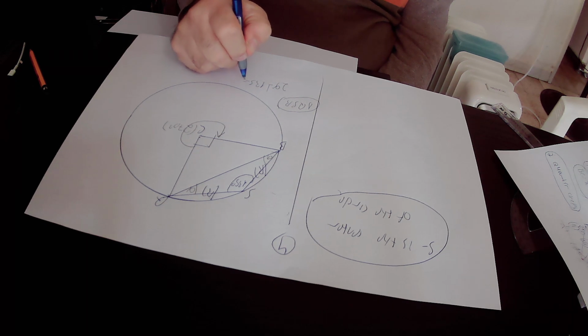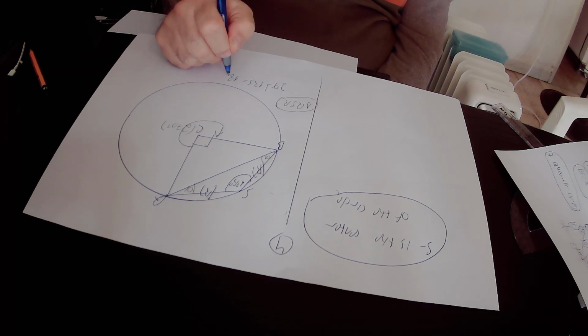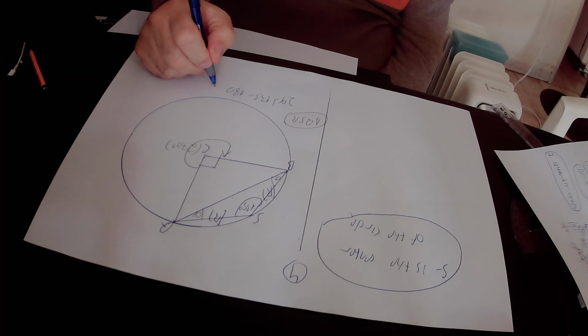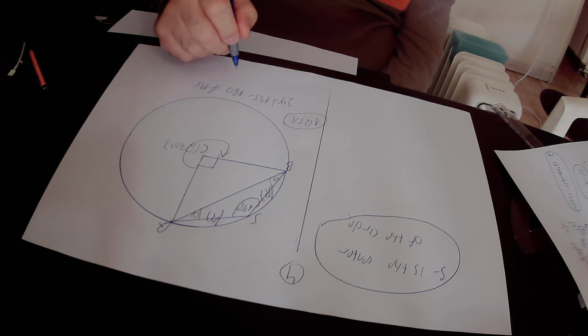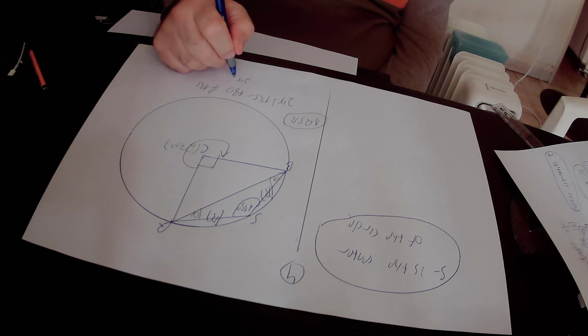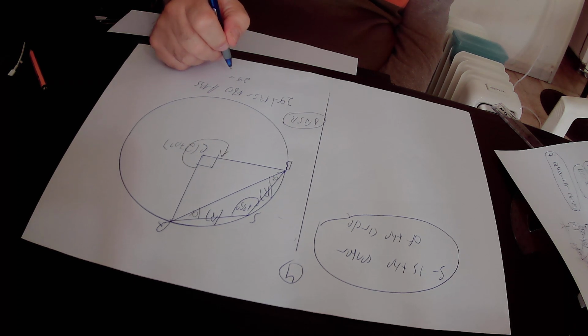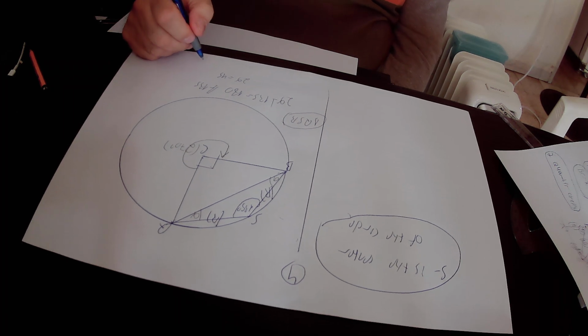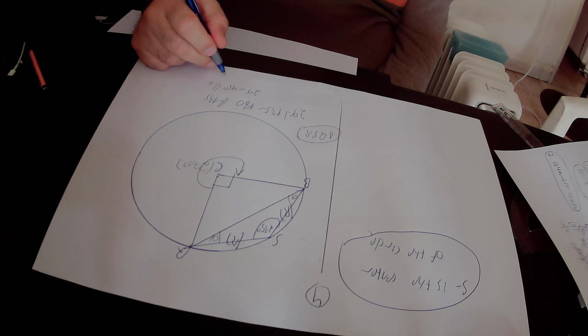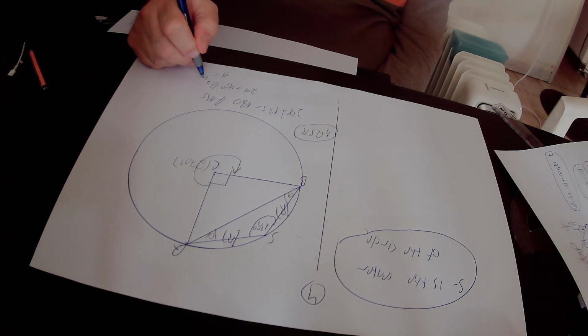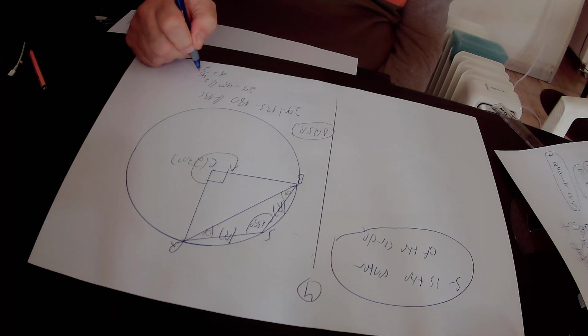In total, they must be equal to 180 degrees according to the rule that I mentioned. Here we subtract 135 degrees, and finally we get that 2 alpha equals 180 degrees minus 135 degrees, which is 45 degrees. So 2 alpha equals 45 degrees. We divide this equation by 2, and finally we get that alpha equals 45 over 2 degrees.